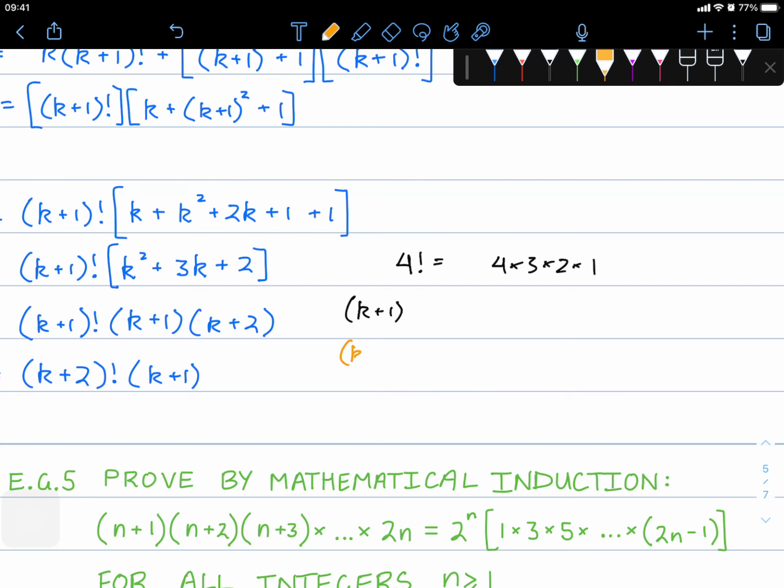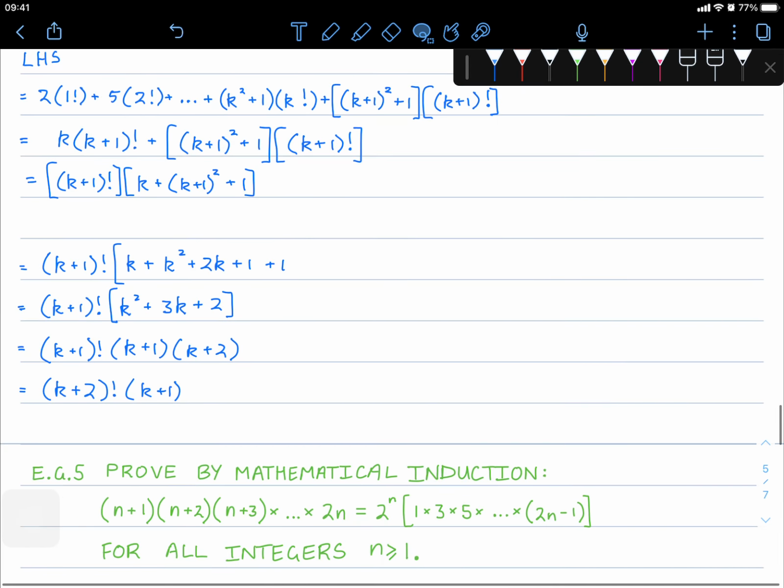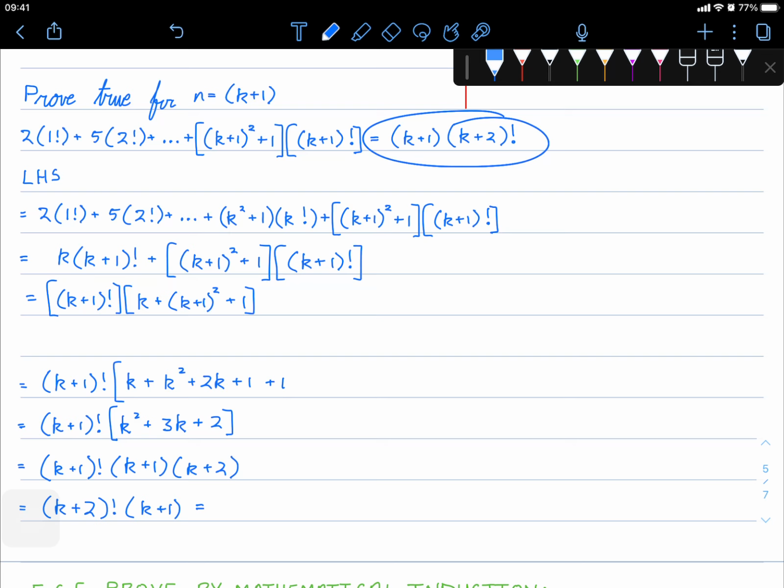K plus 2 is the next term, so that's 5 times. Well, isn't that the exact same as 5 factorial? Hence, k plus 1 factorial times k plus 2 is just k plus 2 factorial, which is what I did here. And there we have that equaling that expression there, if we just rearrange it.